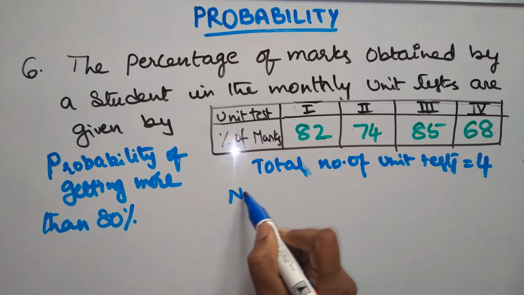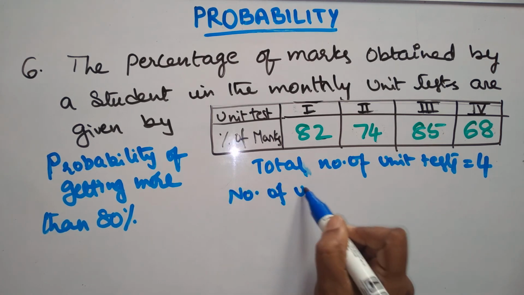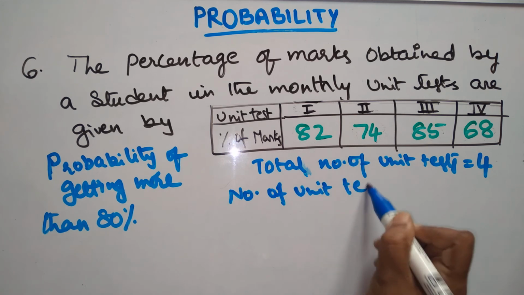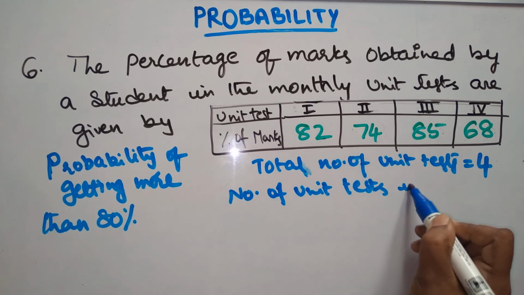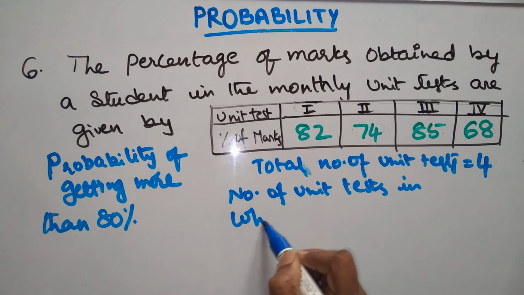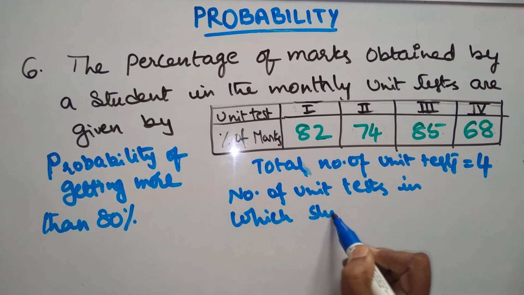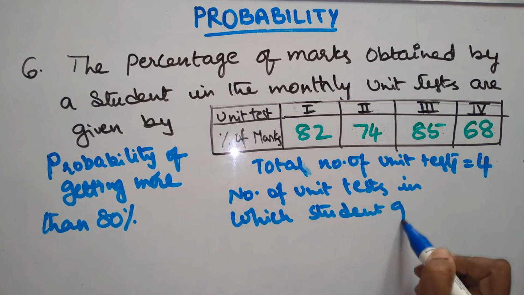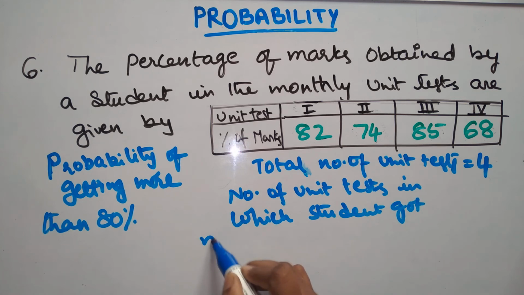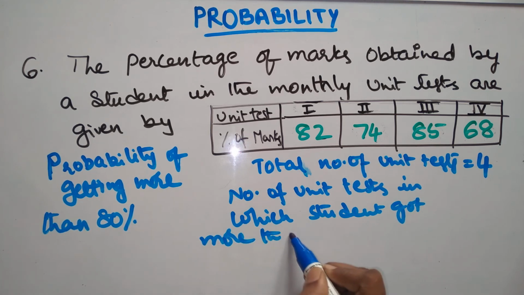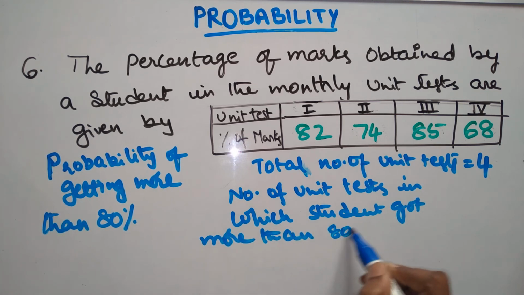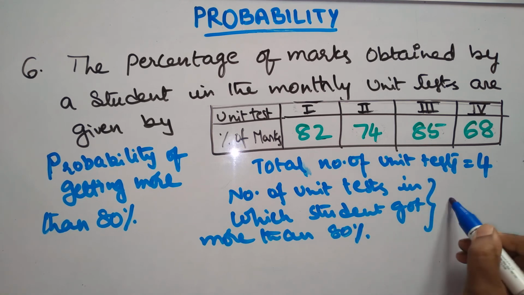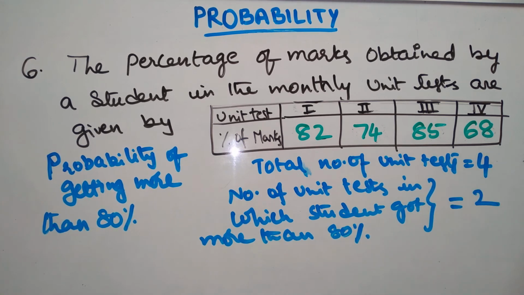So number of unit tests in which the student got more than 80% is equal to 2.